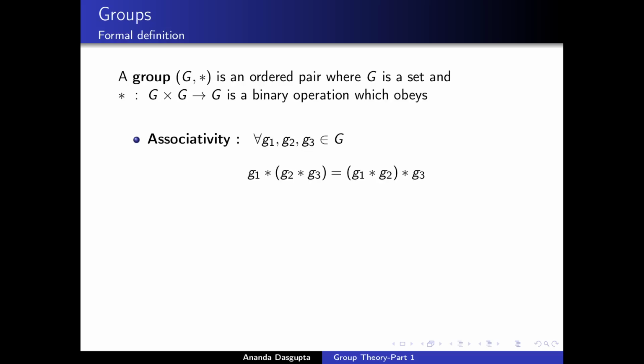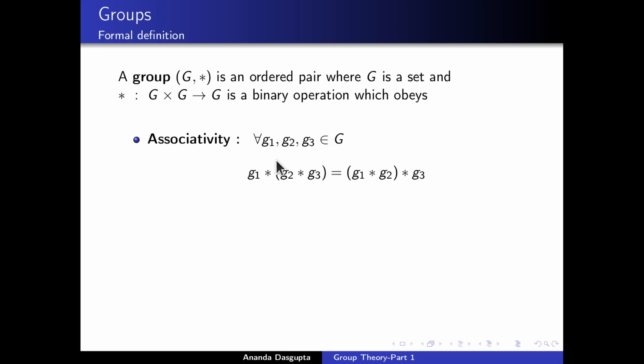What are the properties? Well, the properties are associativity, which says that for all g1, g2, g3, pick any three elements in capital G, this result holds: g1 star (g2 star g3) equals (g1 star g2) star g3. That is, when you form the product g1, g2, g3, it does not matter where you put the bracket.